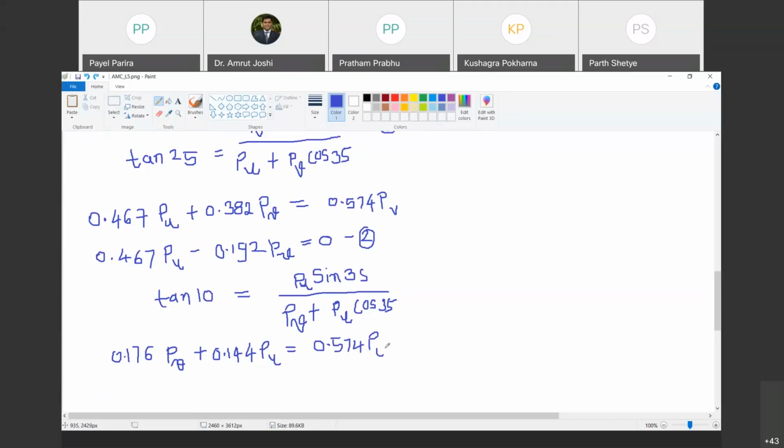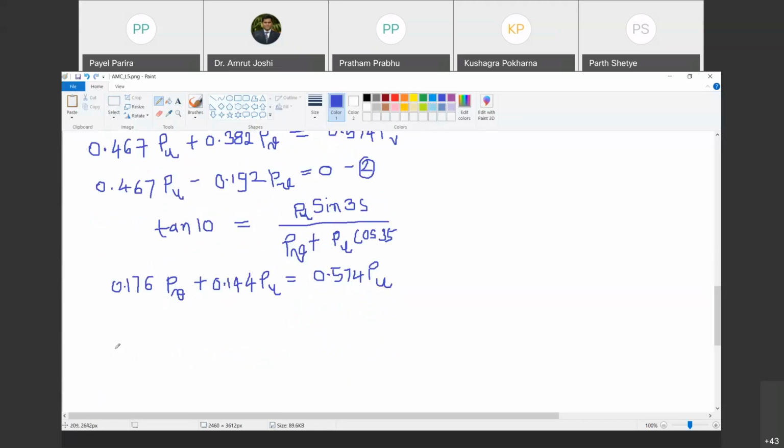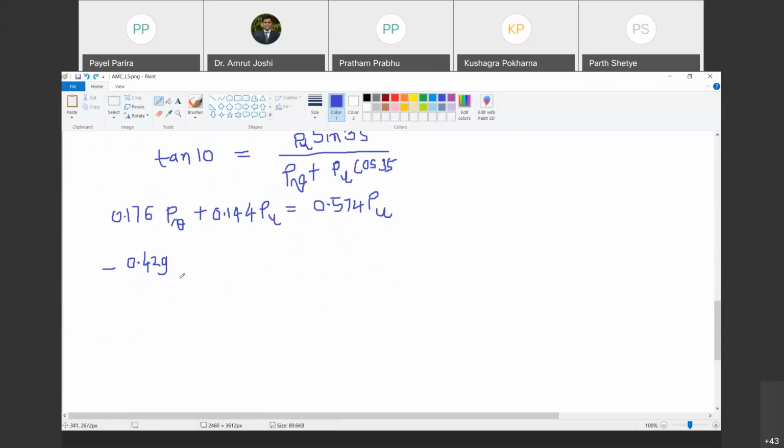No, it should be PU. So what do we have to do now? This 0.574 will come on this side. It will become negative. So you will have some minus value of PU. Tell me how much is that? Minus some PU. Minus 0.429 PU. Am I right? Yes, sir.